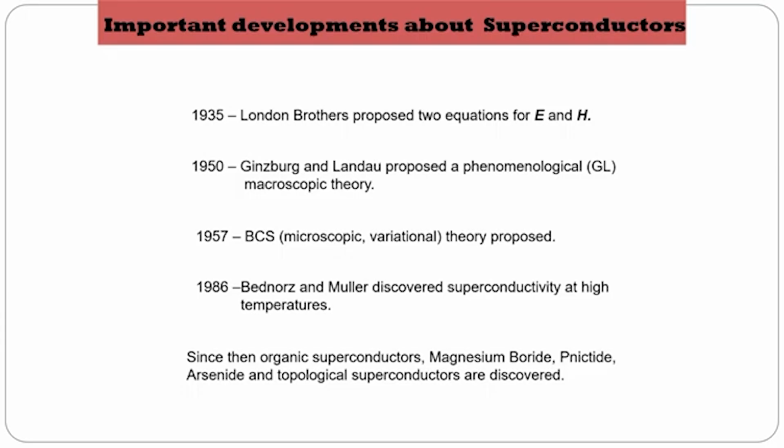In 1957, the BCS theory, a microscopic and variational theory, was proposed. And in 1986, Bednorz and Muller discovered superconductivity at very high temperatures in cuprate superconductors. Since then, a large number of superconductors have been discovered: organic superconductors, magnesium diboride, pnictides, arsenides, and several topological superconductors.